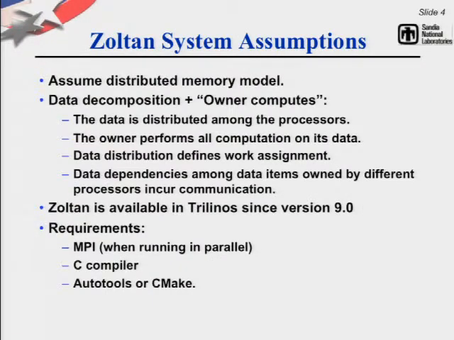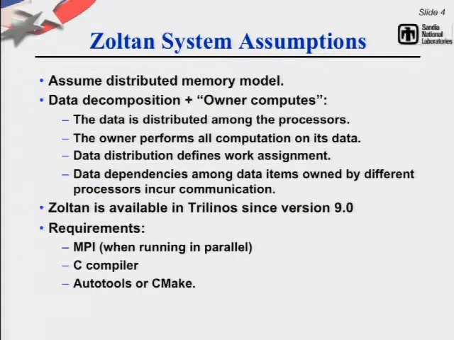Okay, so what is the context for how people use Zoltan, or how it should be used? It's designed to do parallel computing in the distributed memory context. We are assuming that each processor has its own memory space and its own local data, and that moving data between the processors is expensive, so you want to avoid that.